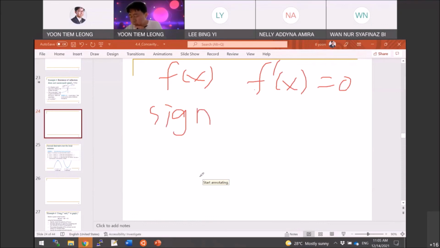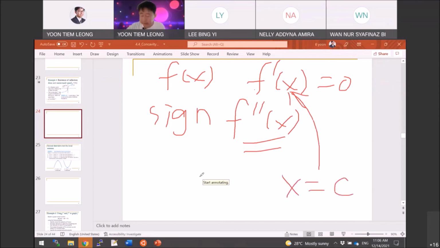You don't really need to know the expressions of f prime, but you only need to know the sign of f prime prime. So you look at the values of x where f prime is 0. After that, you check the sign of f prime prime at c, where c is a point where f prime of x is 0. By doing this, you'll be able to tell whether the point x equals c is a local maximum or local minimum.